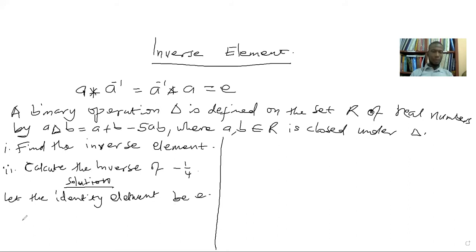Good. So if the identity element is E, then we already know that A delta E should be the same as E delta A, and that should give us A, because the identity element doesn't change the number after operation. So let's fix that into it and see.